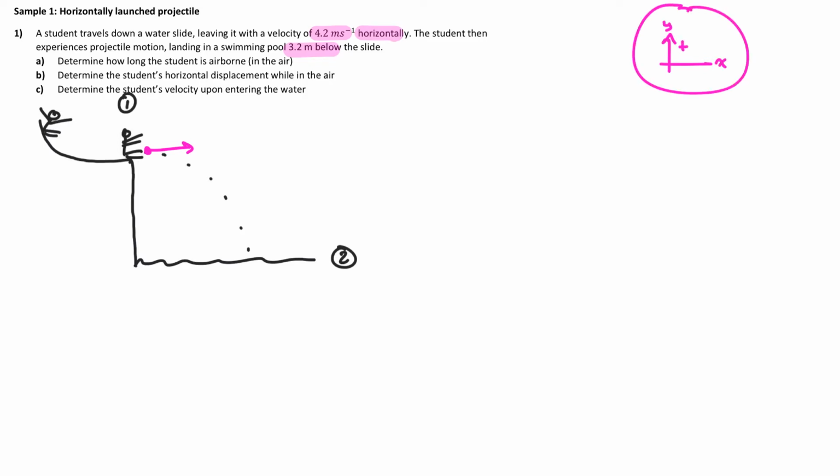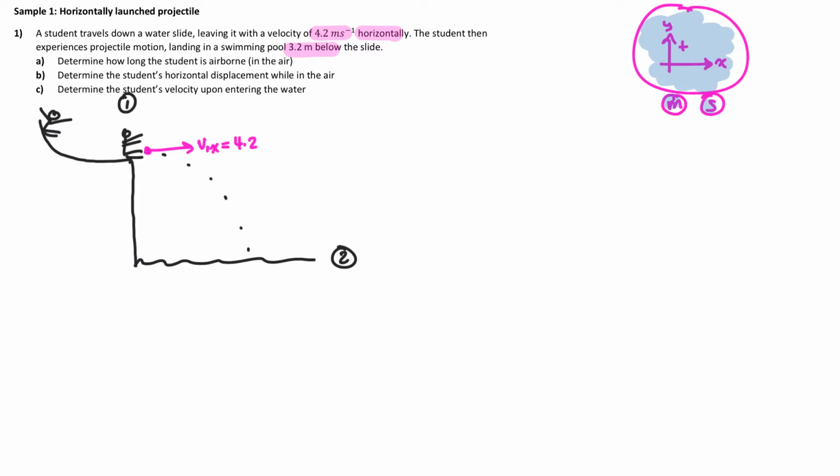And I'm going to use x and y in this situation. Positive horizontal is to the right, and positive vertical is going up. And in this case, the student has a horizontal speed in this direction of 4.2 meters per second. That's given to me. I'm going to be using fundamental units of meters and seconds, and I will highlight this.